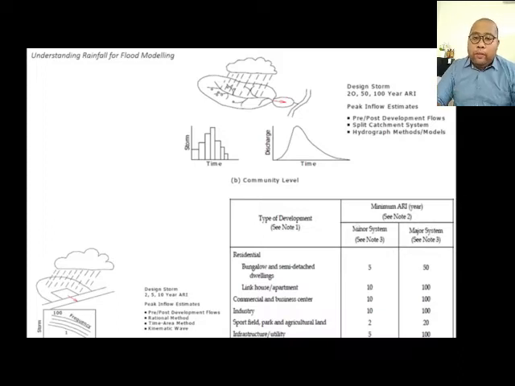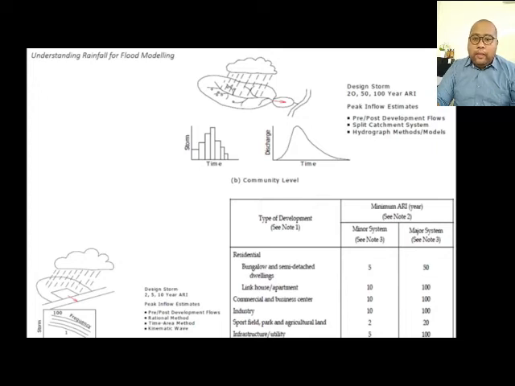So when you want to design the hydraulic infrastructure, normally we need to design based on two systems, minor system and major system. Minor system means you want to design the structure that is able to tackle the rainfall that frequently happens. Maksudnya hujan yang selalu berlaku, contoh 20 mm per hour.